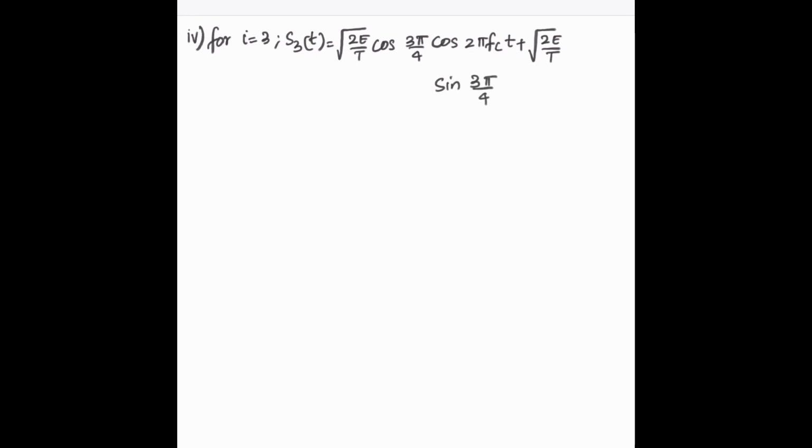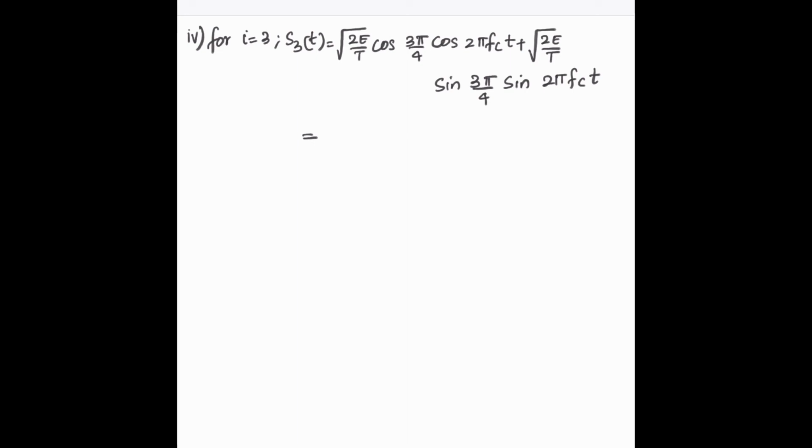Now the next one, for i equal to 3. S3 of t will be equivalent to root of 2E by T into cos of 3 pi by 4 into cos of 2 pi fct plus root of 2E by T into sin of 3 pi by 4 into sin of 2 pi fct.